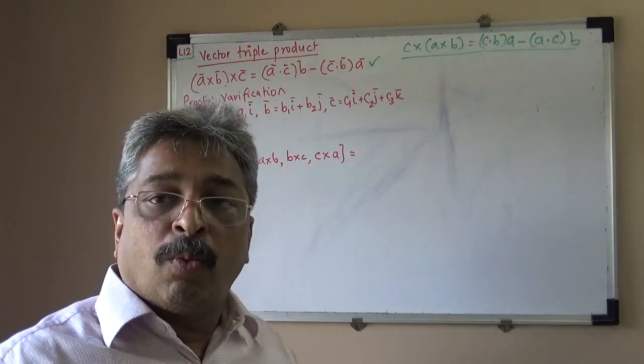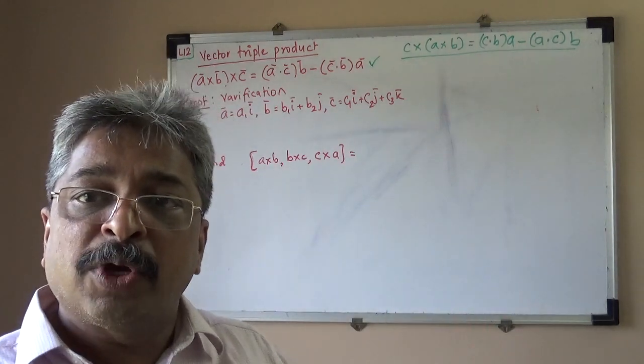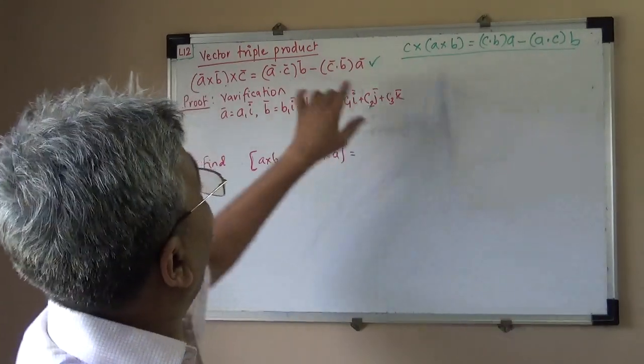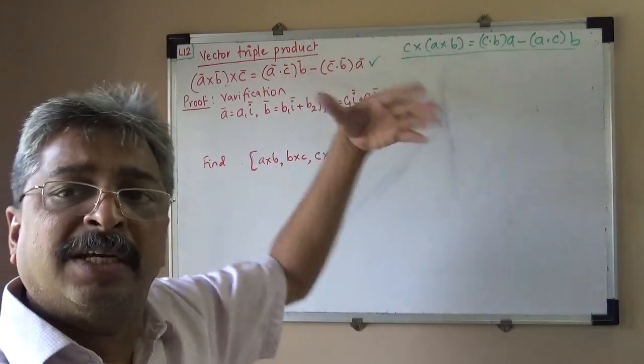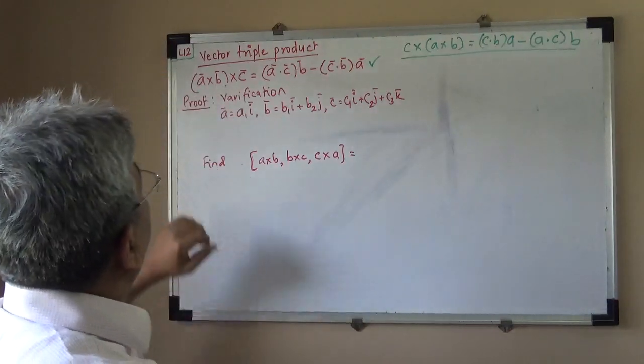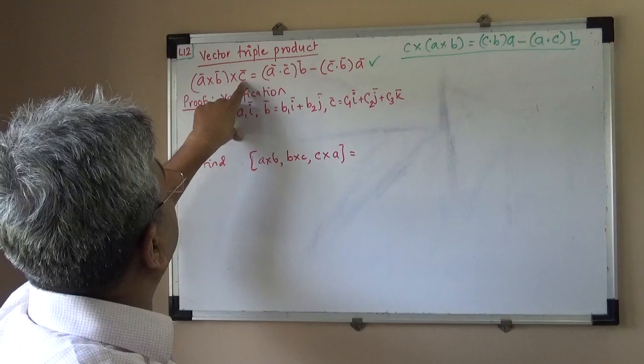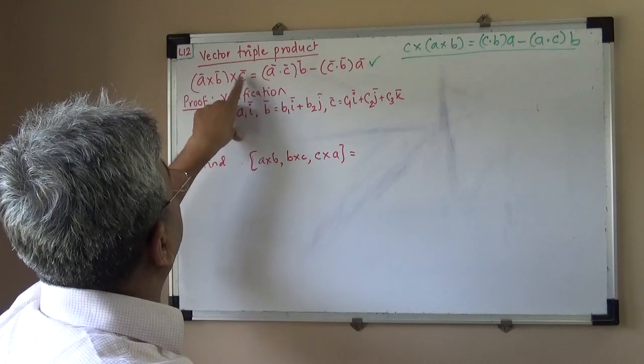Now while learning this formula itself, you are supposed to remember it. How are you going to remember it? Because if we make a mistake in writing this, it is going to be a mistake in finding the final answer. So the way I remember it is, this is the vector which is going inside the bracket.